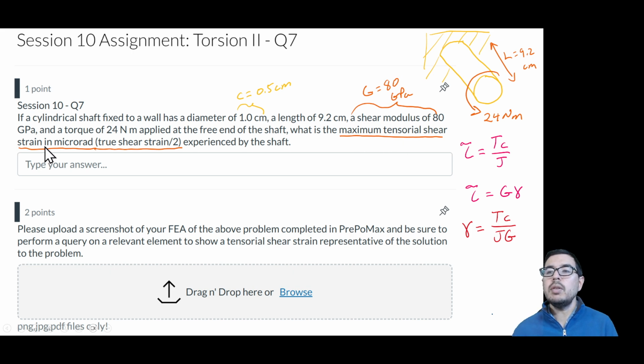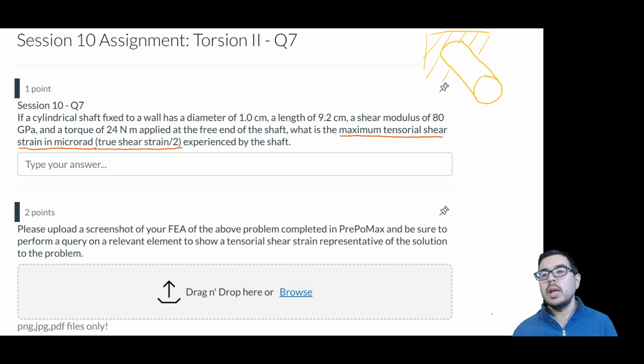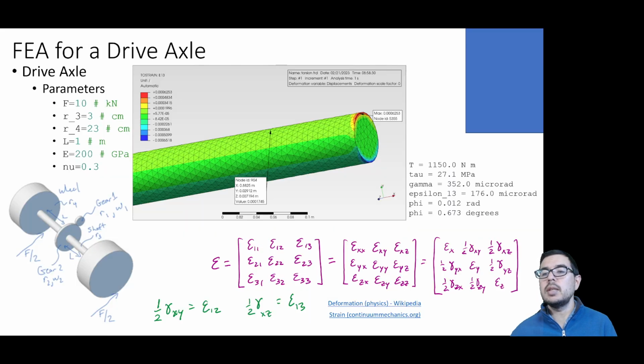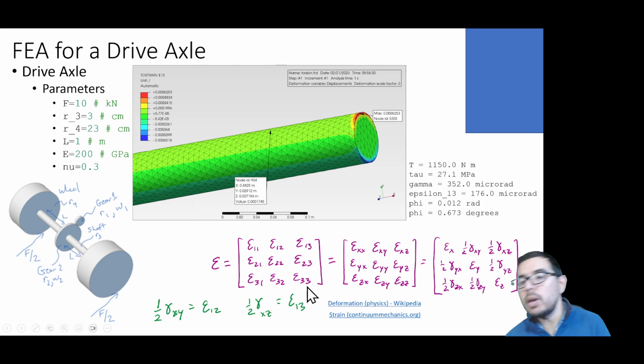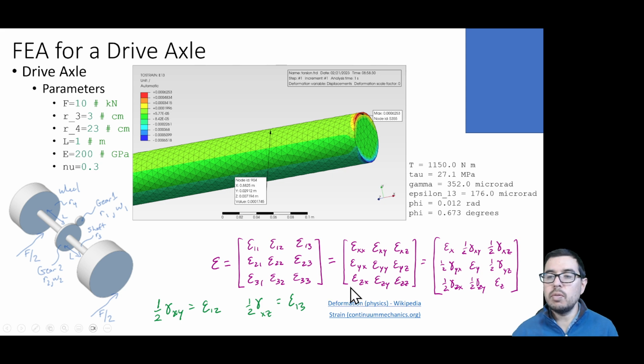And for that, you can go back and look at the notes where I discuss how the finite element analysis package that we're using, PrePoMax, has an interesting way of keeping track of the strains that are not normal. Okay, so that would be the shear strains. That's what we're dealing with here.